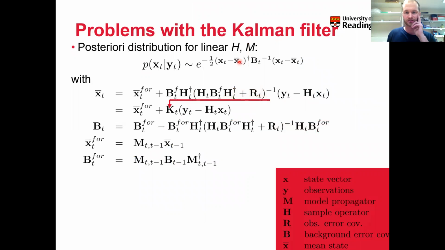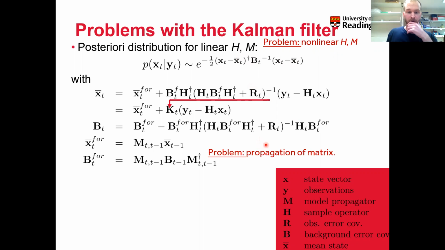There are, however, some problems you have to face if you try to implement the Kalman filter in these high-dimensional operational systems with big model states. First of all, for the Kalman filter, it was assumed that the model is linear. Geophysical models in general aren't. Furthermore, to calculate the data assimilation correction, you have to propagate the B matrix.